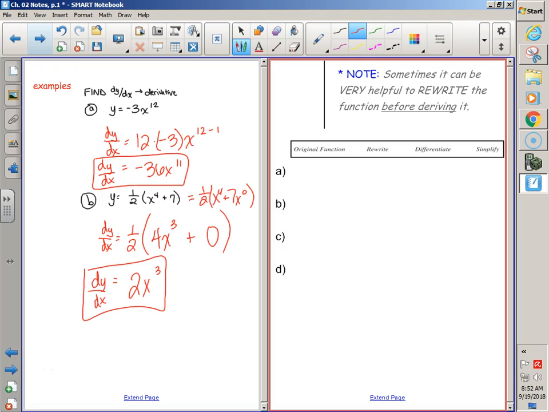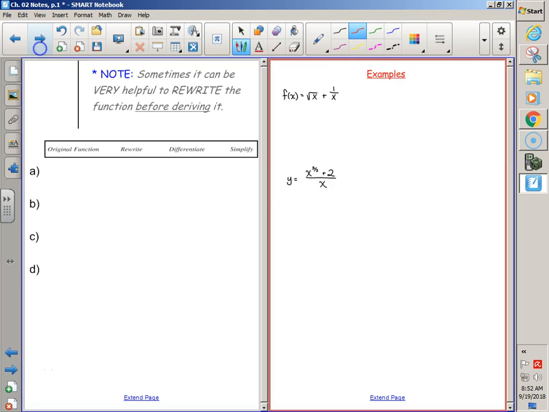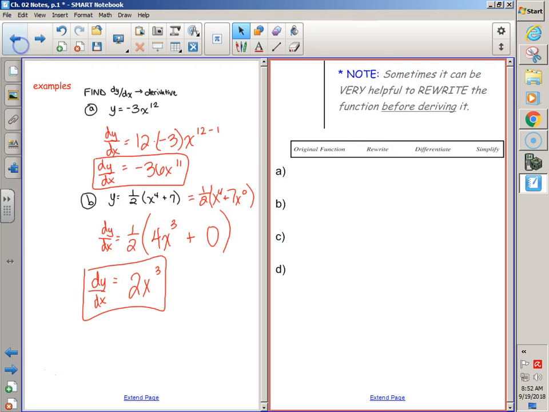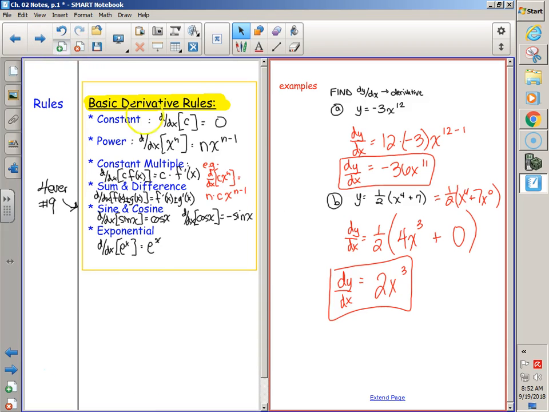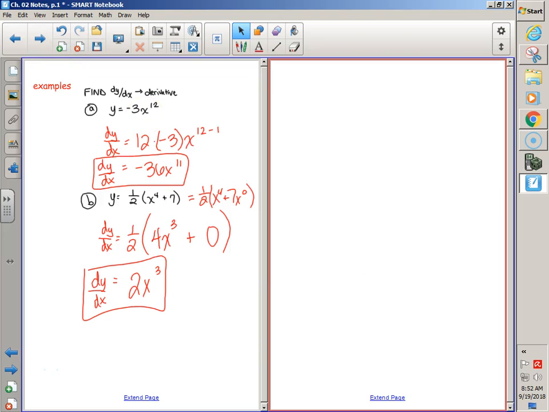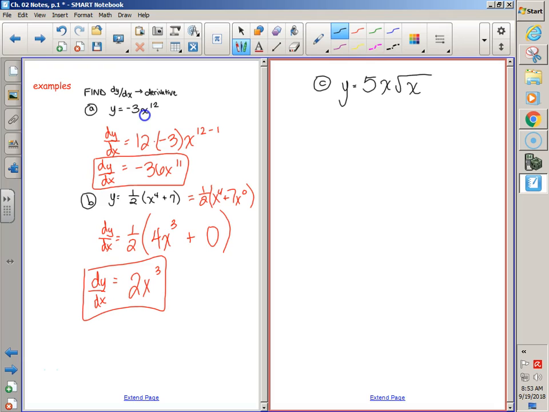Sometimes it can be really, really helpful to rewrite the function before deriving it, but we'll see that tomorrow. Let's go ahead and take one last example. Oh, I'm not going to have time, am I? Okay. How would you guys at least think about taking the derivative of, pause, something like, go ahead and pack up, that's okay, 5x times the square root of x.